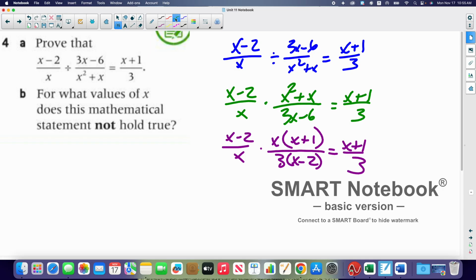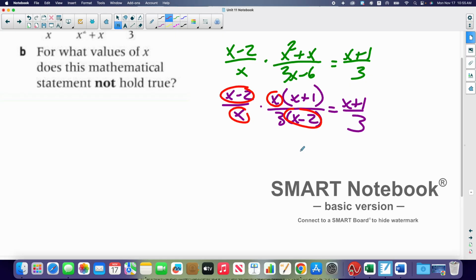Now that it looks like this, what can I do? Cancel. Cancel the x minus 2. This x and that x cancel. That x minus 2 and that x minus 2 cancel. Alright? So once I have it written like that, I'm left with x plus 1 over 3 is equal to x plus 1 over 3.